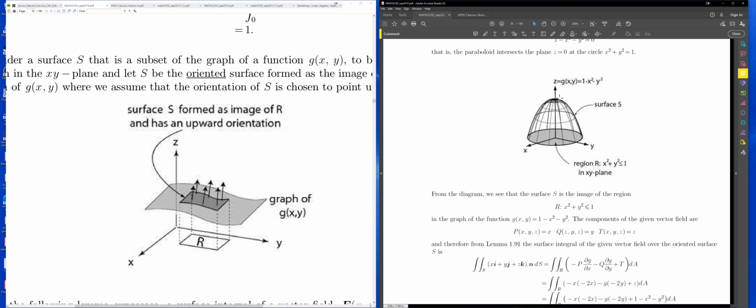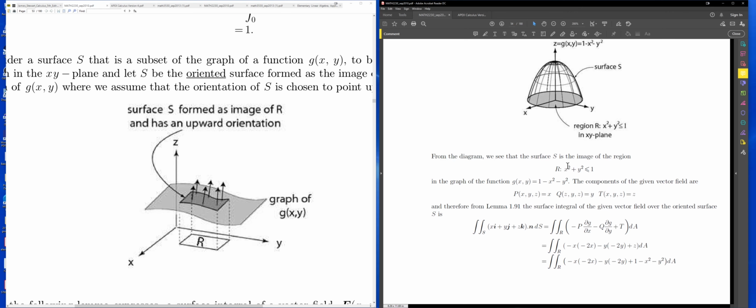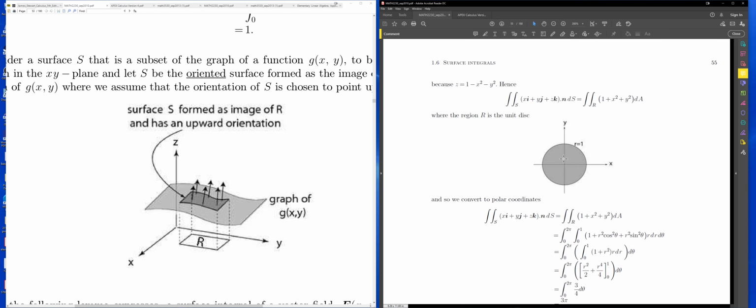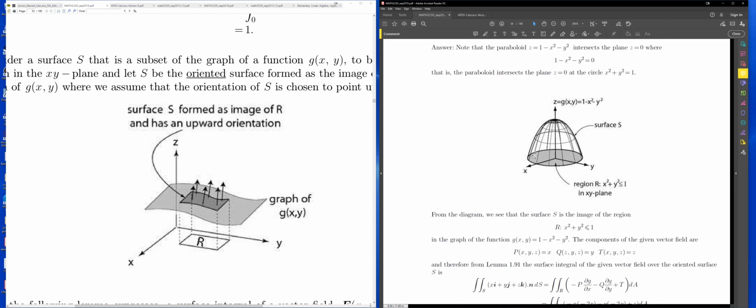So when I project down, I will see a disk, and the disk would look like this, and the bounding circle would be x squared plus y squared equals 1, which is this over here. So the surface S is the part of the paraboloid that lies above z equals 0.